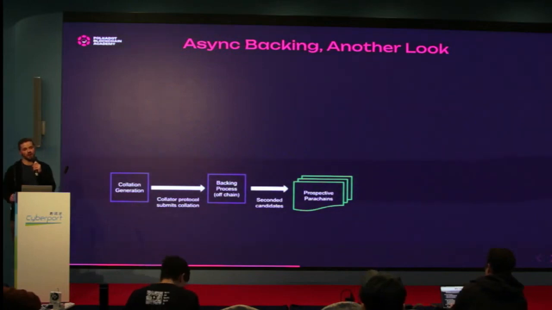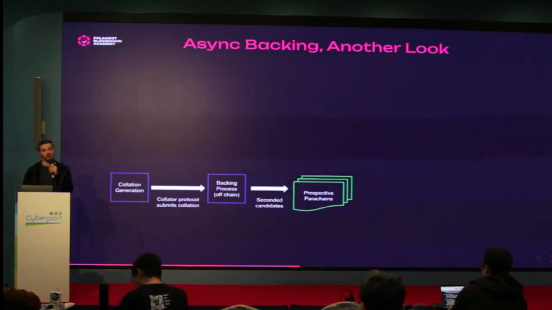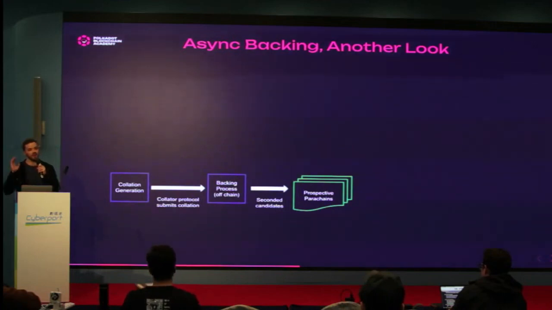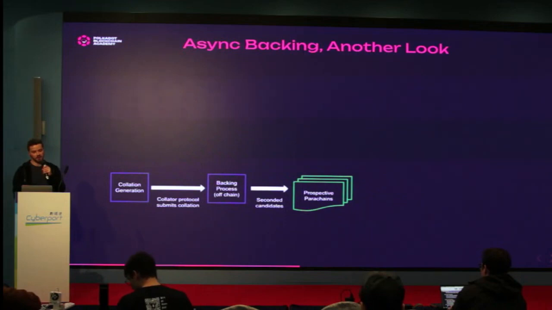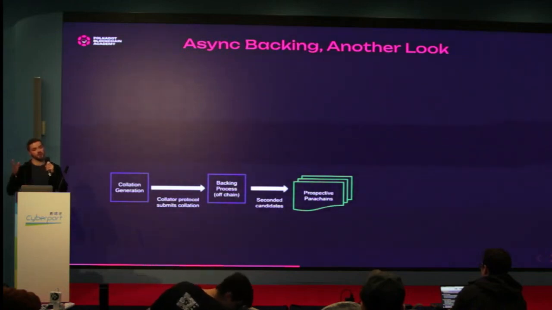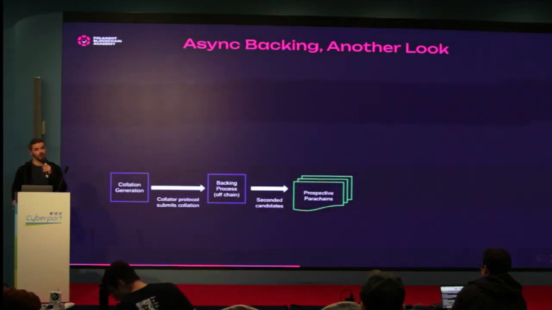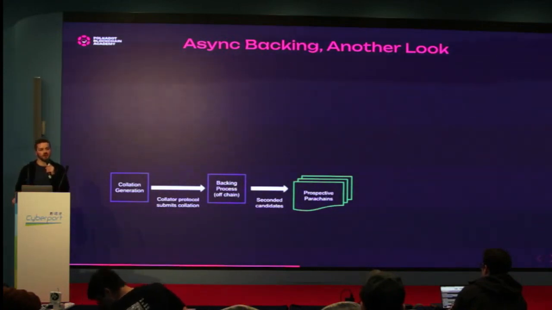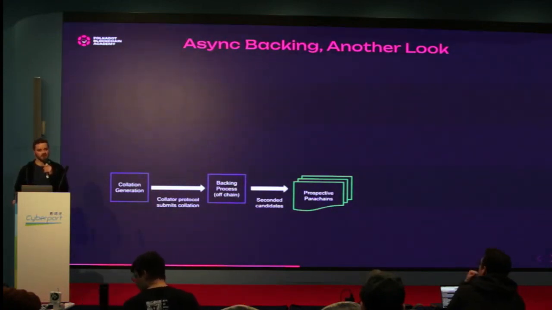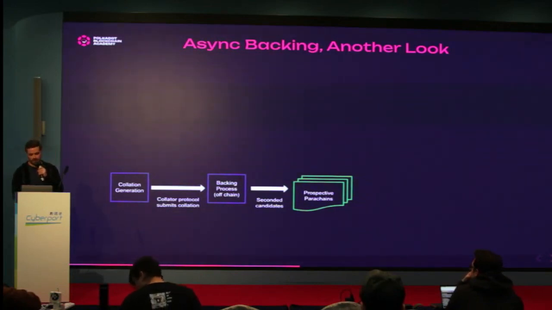But rather than submitting those backable parachain block candidates directly on-chain and backing them on-chain, we instead cache them in this cache of parachain block candidates called prospective parachains. These are parachains that could exist in the future, or rather, additions to parachains that could exist in the future if they happen to be included in the Polkadot relay chain.